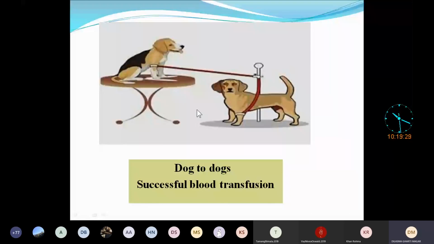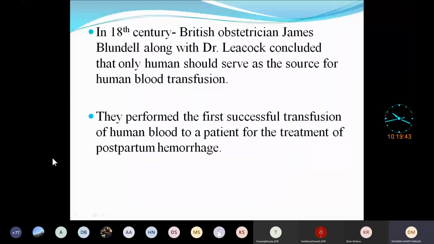So after the animal to animal blood transfusion became successful, they tried with human to human blood. So now you see here in the 18th century, British obstetrician James Blundell, along with Dr. Leacock, concluded that only humans should serve as a source for human blood transfusion.